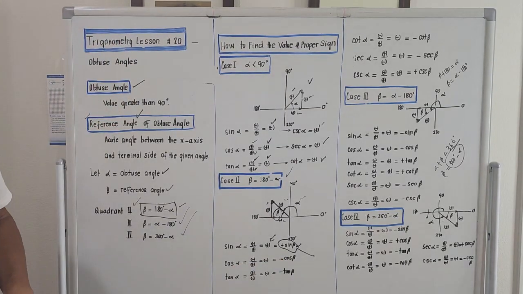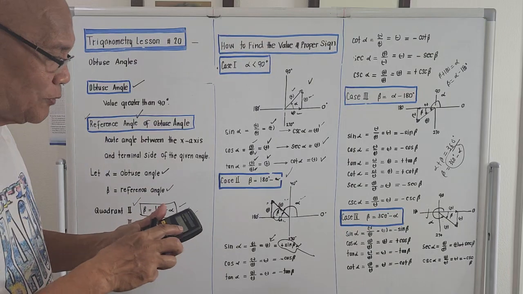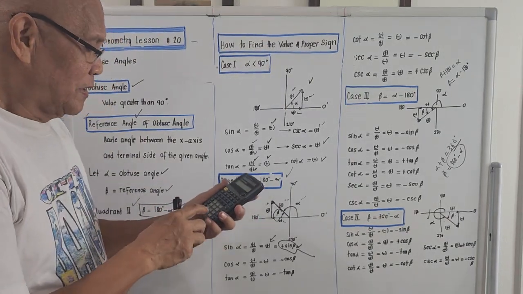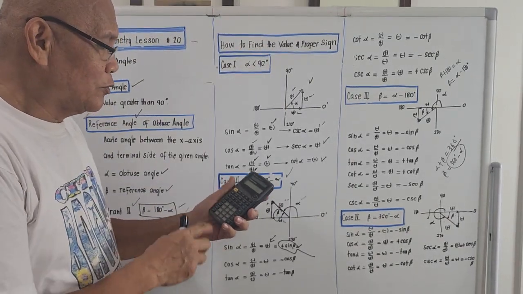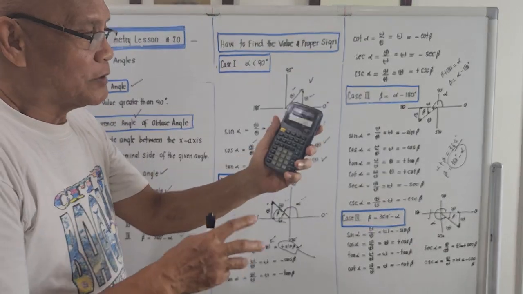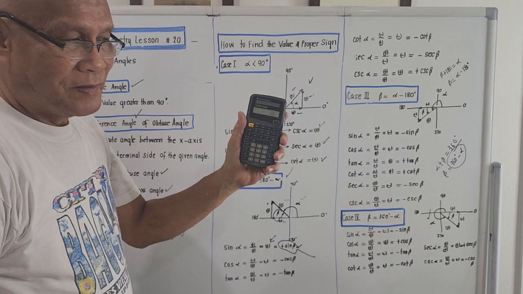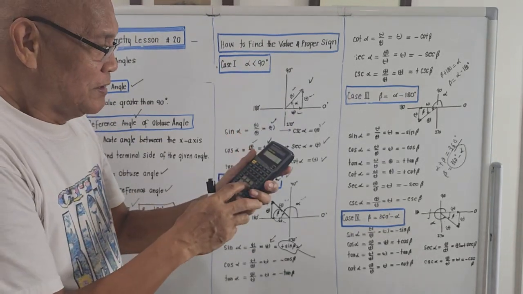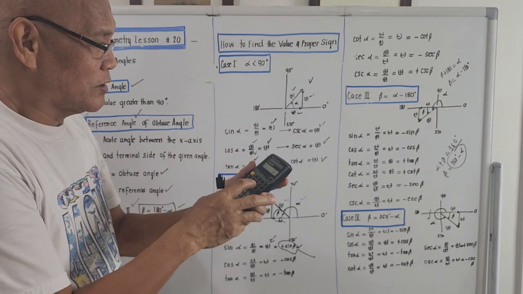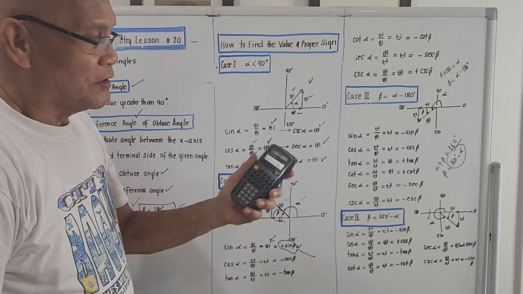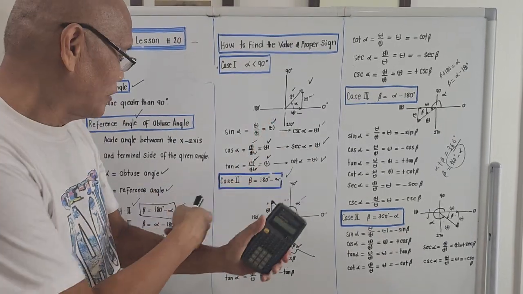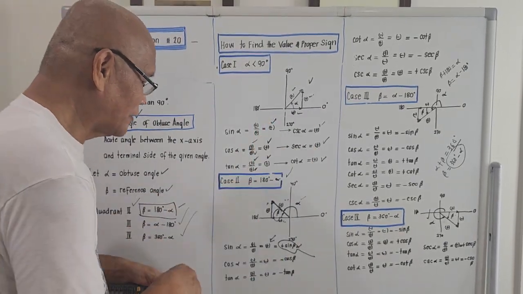Okay? Any angle that falls under the second quadrant, supposing it's 120. If you try to take the reference angle of this one, should be 60, right? So cosine of 60, what's cosine of 60? It's 0.5. But according to our computation, it should be negative, right?